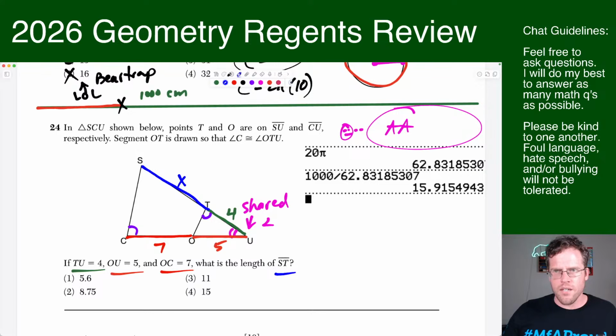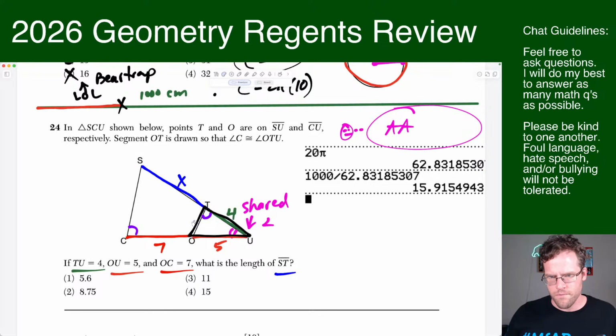So for this, the key is similar triangles. Draw them in corresponding order. So you ready? See how this says C? I'll write it like this. I'll do the small triangle like O, actually, here, I'll do it like this so it's neater. OTU.